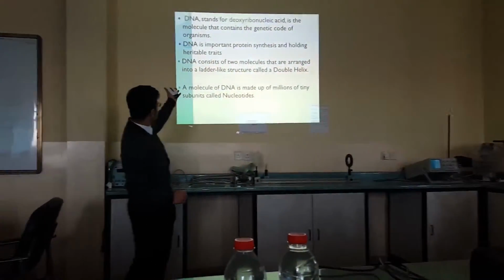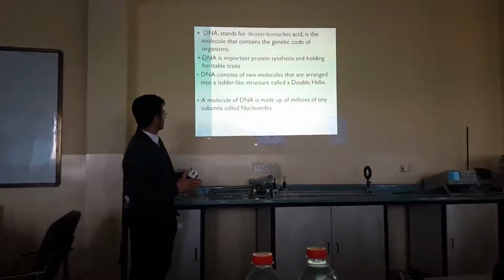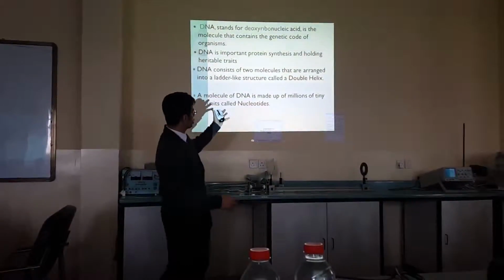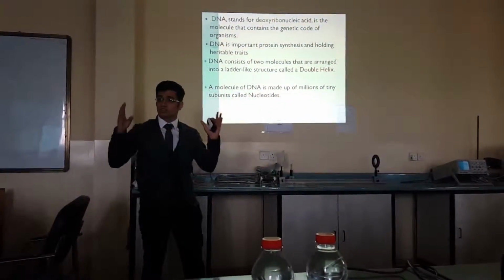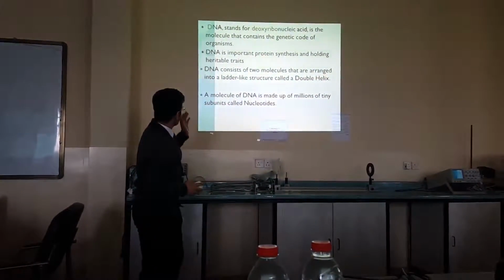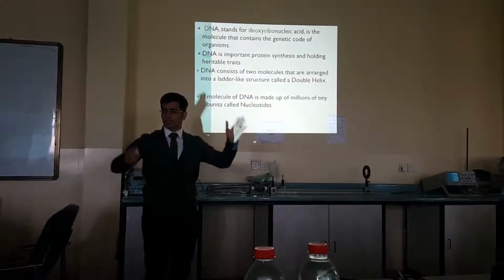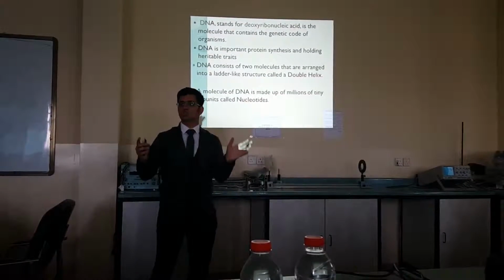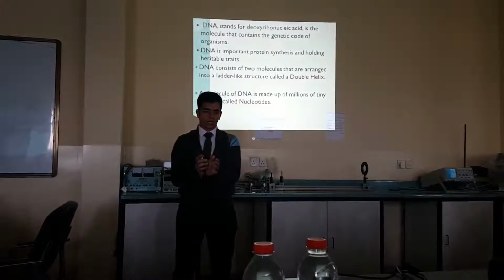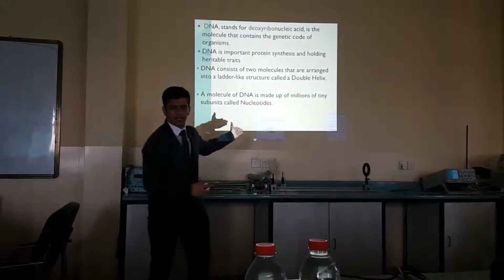Someone wants to know what is the structure of DNA. DNA has two strands, two molecules arranged into a ladder-like shape, which is called a double helix. The molecule of DNA is made of billions of tiny subunits, which are called nucleotides. So what are nucleotides?